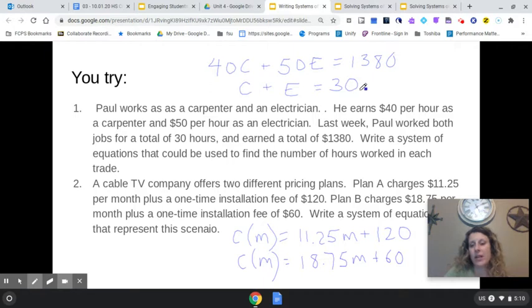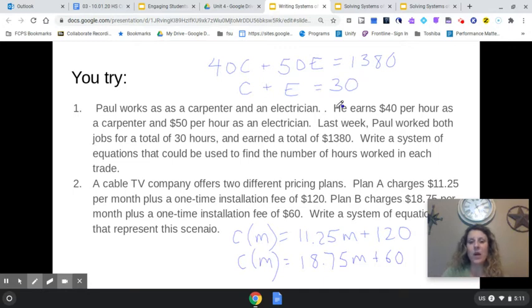This second equation is the one that students typically struggle to develop, but we don't know how many hours he worked as a carpenter, and we don't know how many hours he worked as an electrician, but we know the total is 30 hours that he worked all together. So the number of hours that he worked doing carpentry plus the number of hours he worked as an electrician is supposed to equal 30.